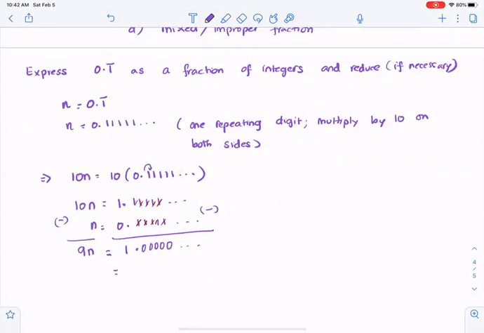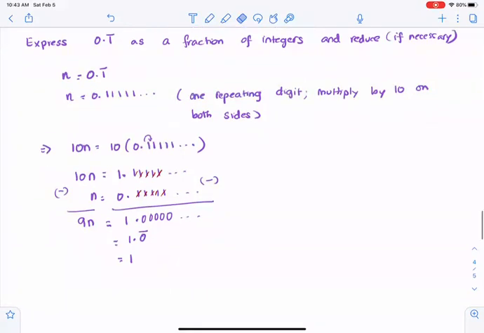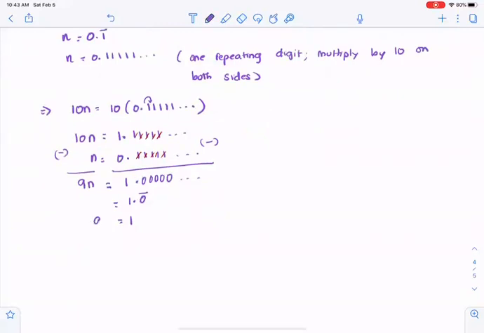So I can write it as 1 followed by repeating zeros. But if 0 is the only thing that is repeating, I can get rid of it and simply write 1. We don't have to specify the decimal point. So 9n equals 1, and divide by 9 on both sides.